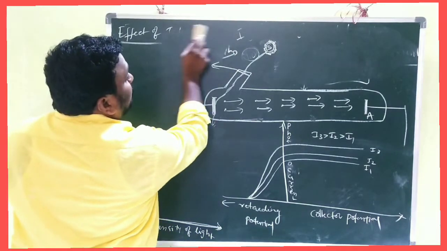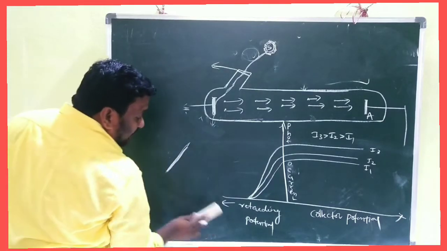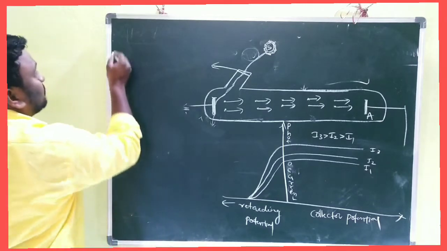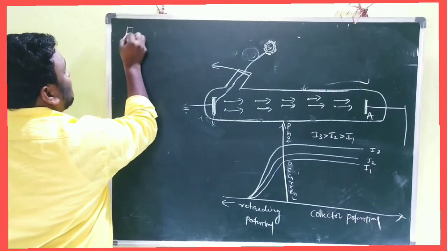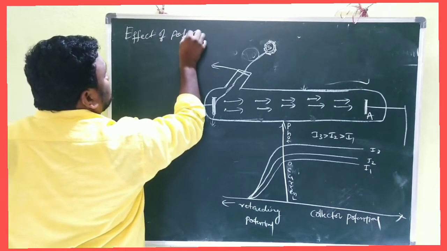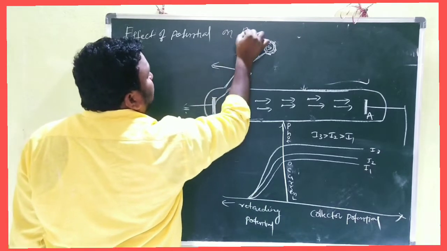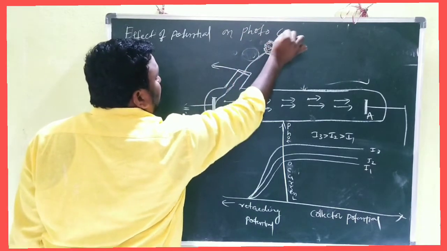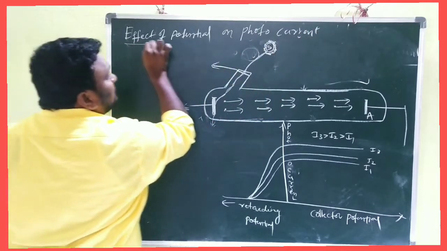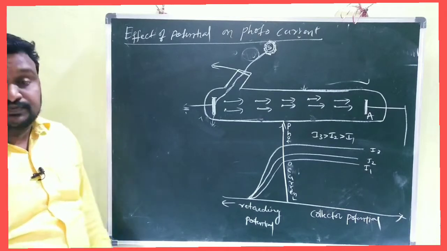And next, children, there is another factor that affects the photocurrent. That is nothing but the effect of potential on photocurrent.